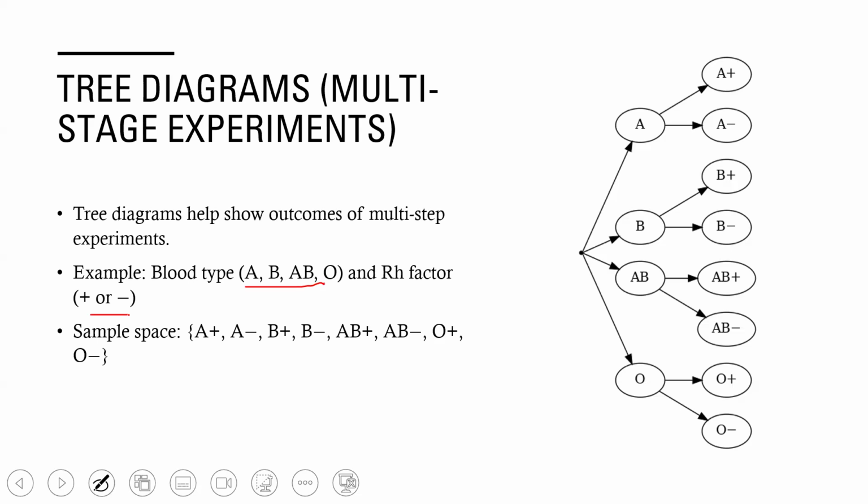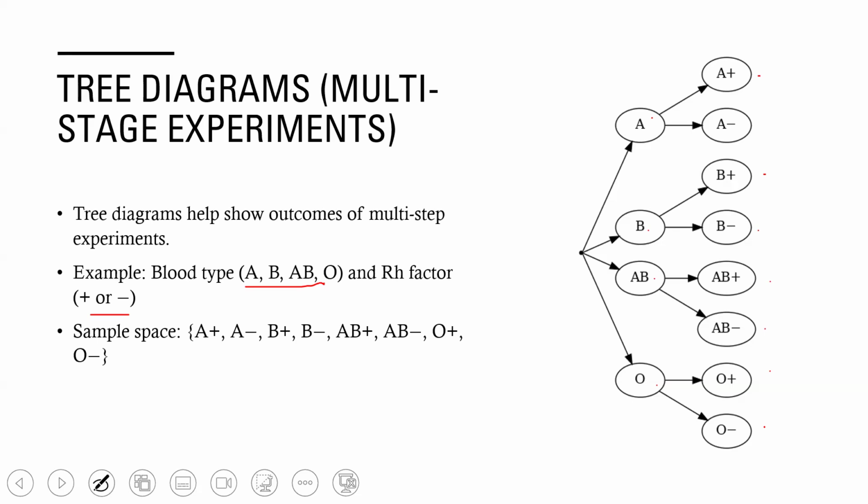The first branch shows the 4 major blood types, A, B, AB, and O. From each of those branches, we add 2 more, a plus and a minus, representing the Rh factor. This produces a total sample space of 8 outcomes: A positive, A negative, B positive, B negative, AB positive, AB negative, O positive, and O negative.